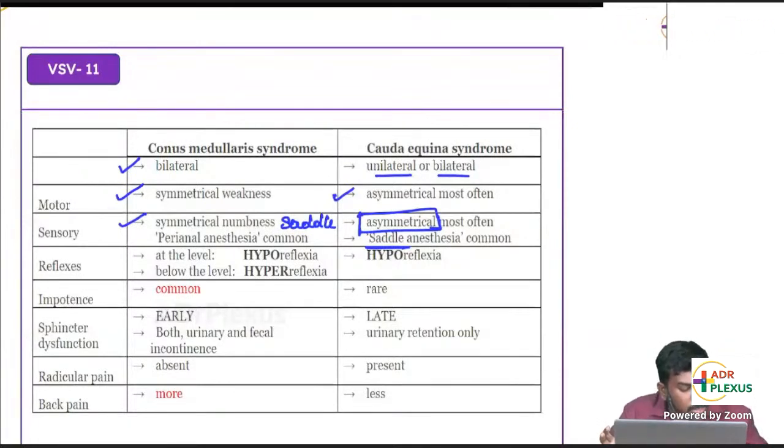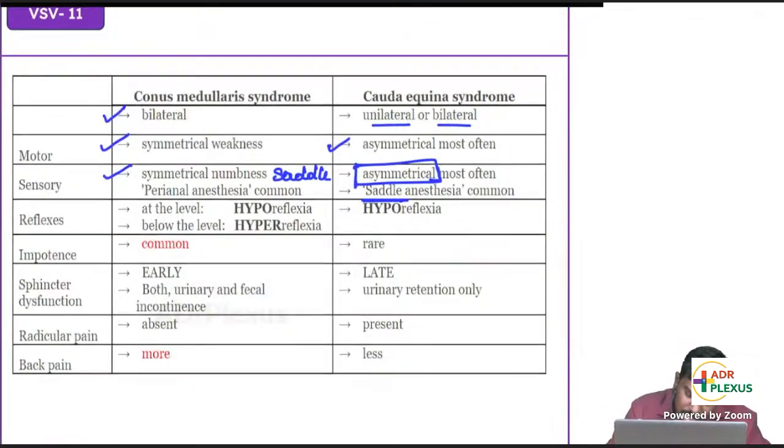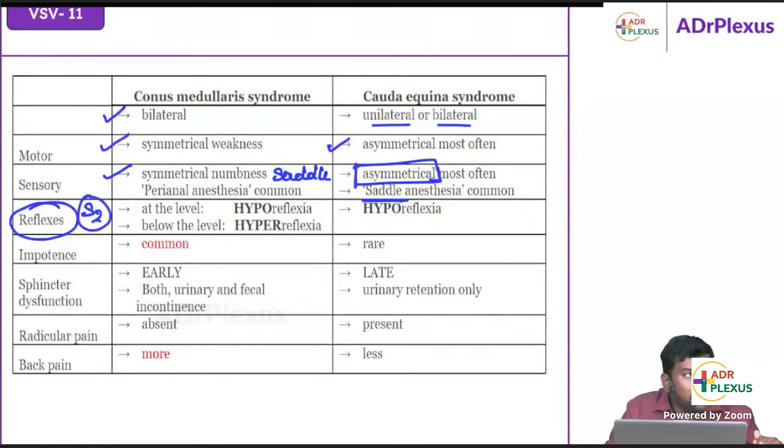Next is reflexes. I told you below S2, there is no root value for deep tendon reflex. Ankle ends with S1. So here in conus medullaris, DTR is going to be normal.